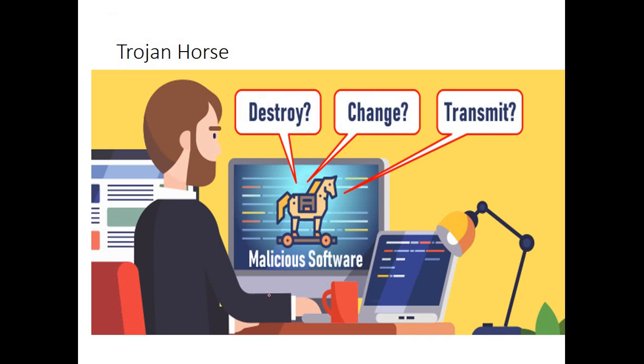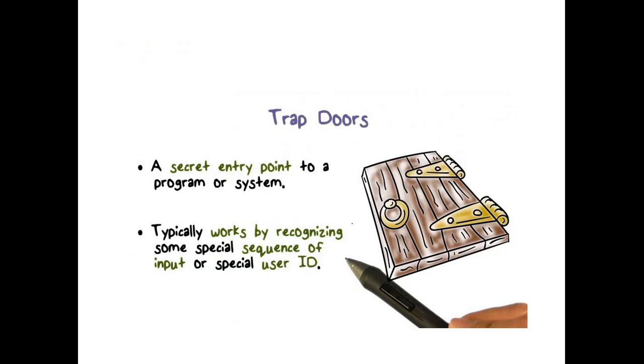A Trojan horse is malicious software. It will get access to our computer system, and it will try to destroy or change the contents or transfer the contents from one system to another system.